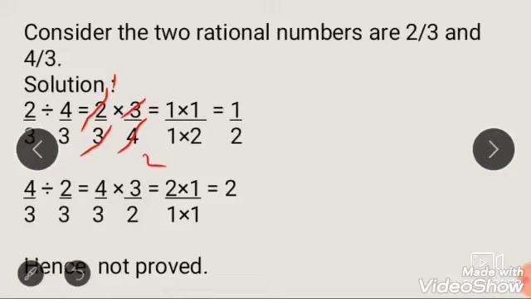Likewise, let me take the RHS. RHS is 4 by 3 divided by 2 by 3, which is equal to 4 by 3 into 3 by 2. Since 3 and 3 get cancelled, and likewise 2 comes into 4 two times, we get 2 into 1 divided by 1 into 1, which is 2.